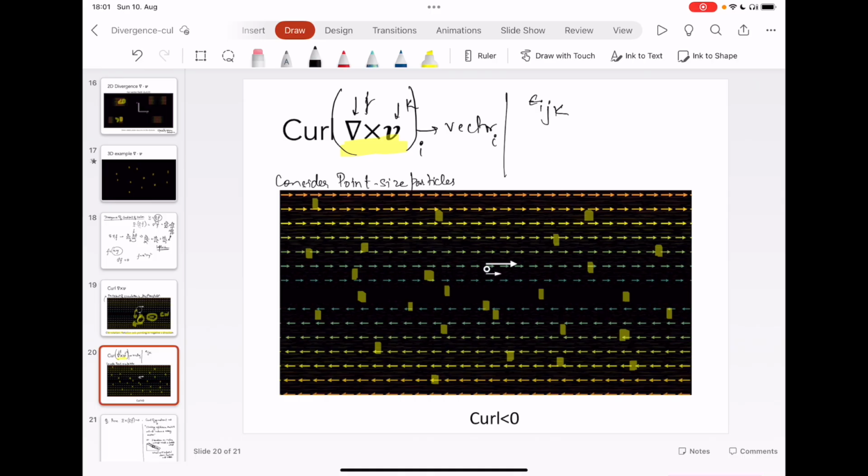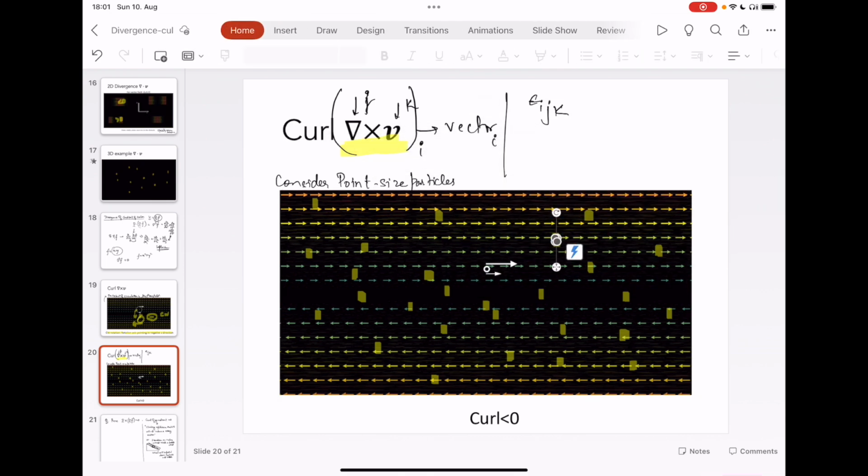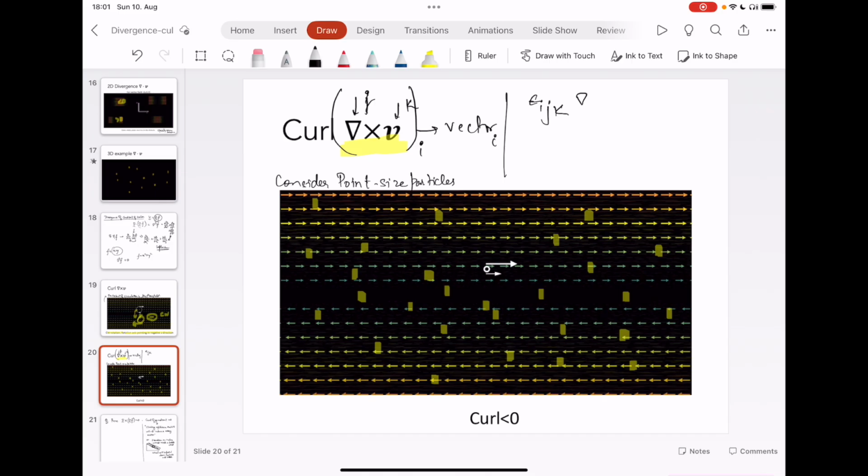You can assign the other variables, but just respect the rules. This will be grad j v k. Okay, this is how you would write in Einstein notation the curl of a vector field.